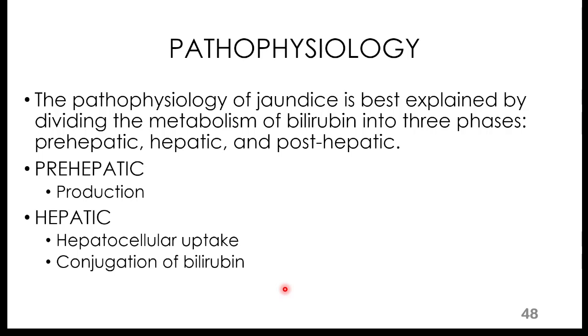Or hepatic, if anything happens at the hepatocellular uptake, if there's a problem with the hepatocyte, meaning that the hepatocyte may not be able to take up the bilirubin for processing, or if there's a problem with conjugation. Some of those conditions like Crigler-Najjar, when there is a deficiency of the UDPGT enzyme.